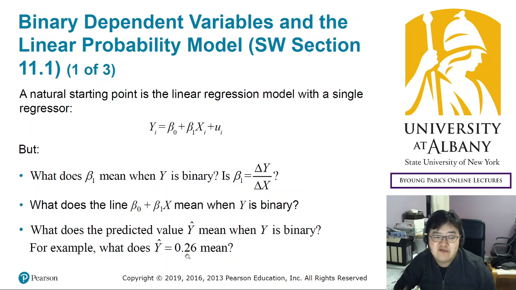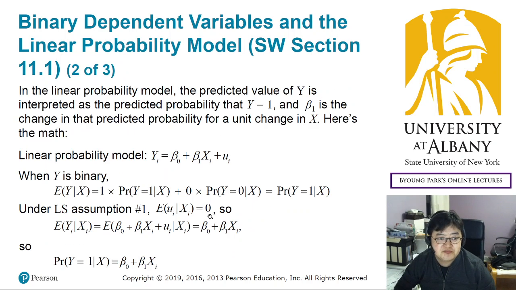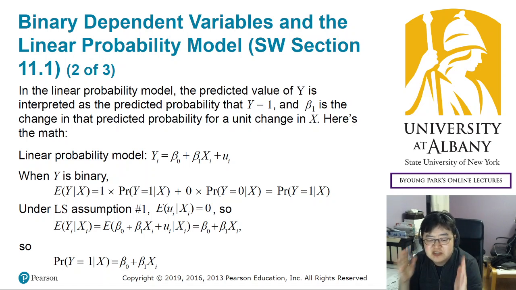Then you have to change your interpretation. We call this the linear probability model. We have to interpret a result like 0.26 as a probability, because there is nothing in between 0 and 1, but you may obtain something between them.